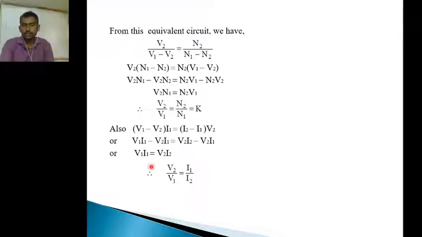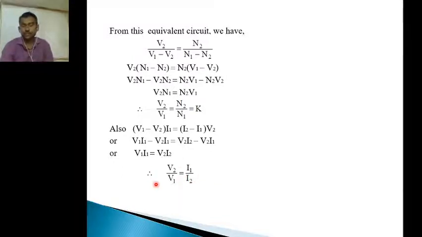Here V2 I1 cancels, then we get V1 I1 equal to V2 I2. That means the KVA for the primary side and the secondary side is also the same, and the transformation ratio V2 by V1 is equal to I1 by I2.